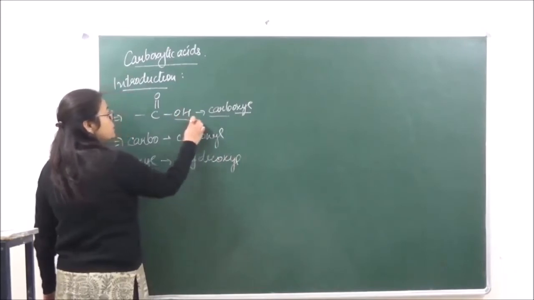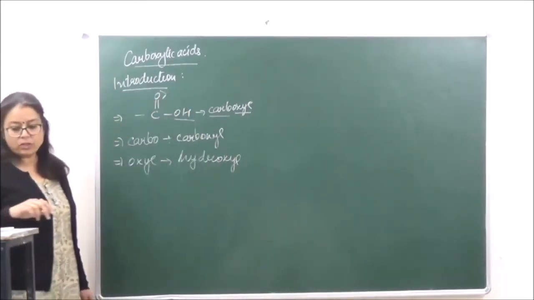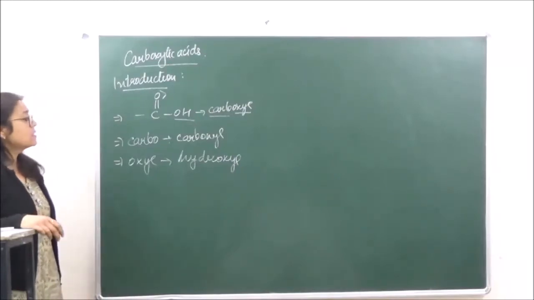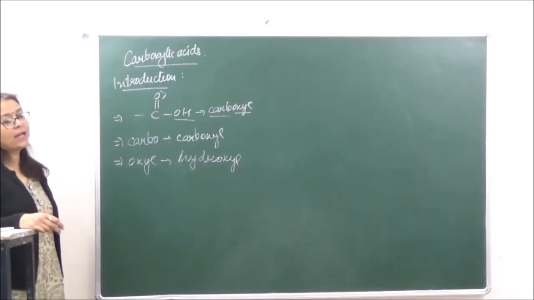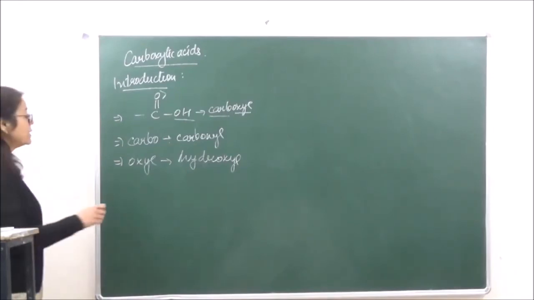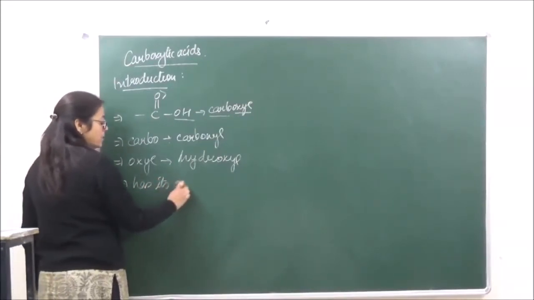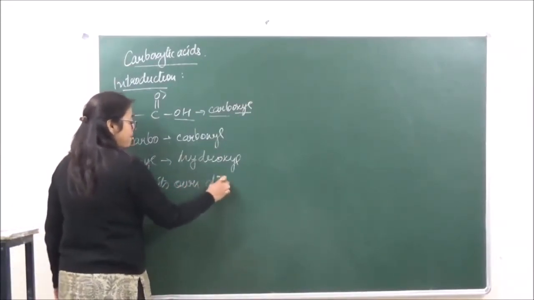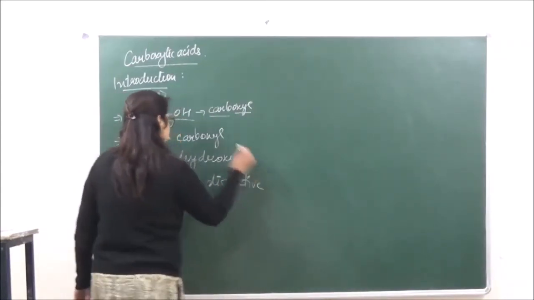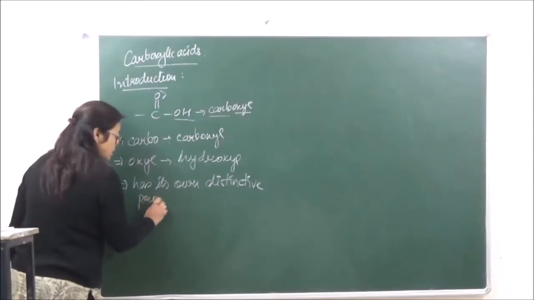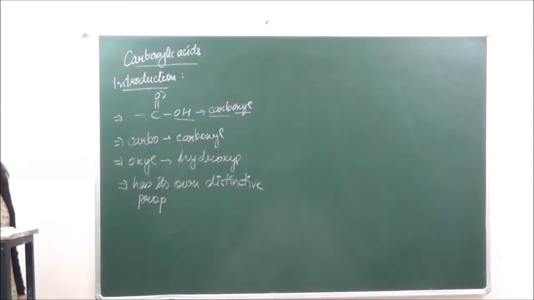So this is the hydroxyl group, and this is the double bond O, the carbonyl group. But it is very surprising that the carboxyl group does not have the properties of either the carbonyl group or the hydroxyl group. It has its own distinctive properties.